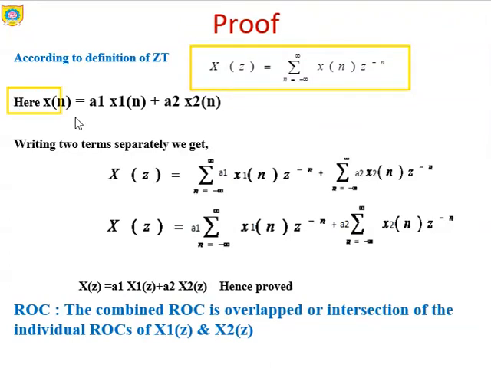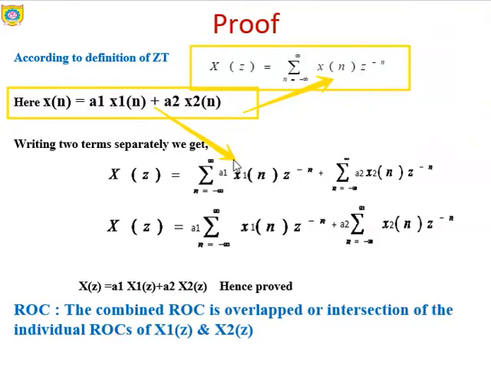Here x of n is equal to a1 times x1 of n plus a2 times x2 of n. If we put this value of x of n in the equation of the Z transform, this is how the equation will become for the entire case.